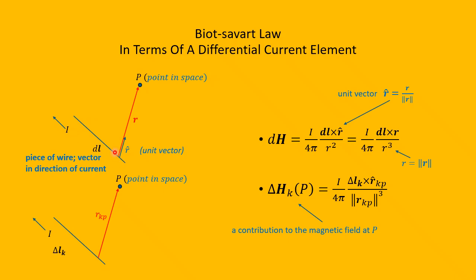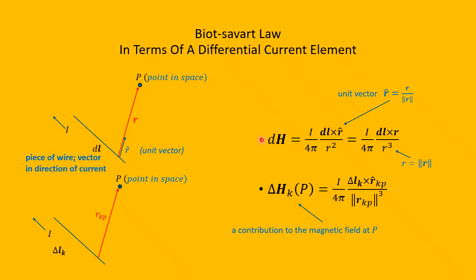The length of this is dl. Out here somewhere from this segment of wire, we have the point P, and the vector from that segment of wire to the point P is r.